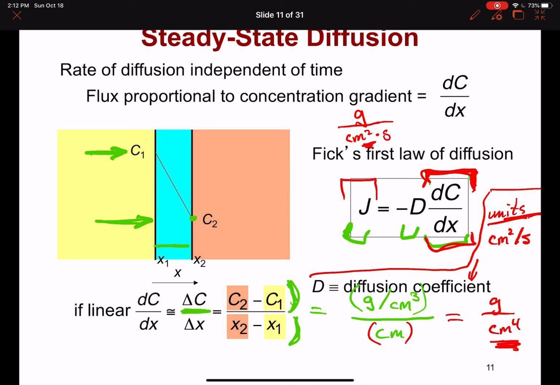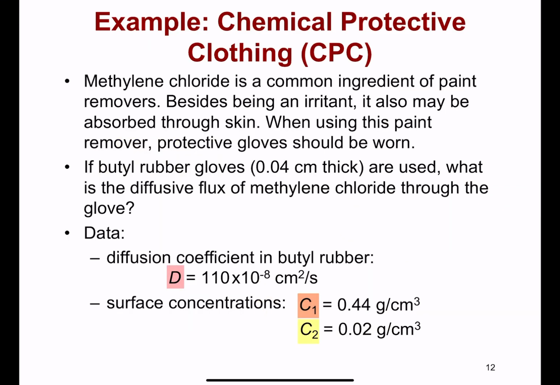Okay, so diffusion coefficients are typically area per time. And so that would allow us to obtain the flux in the proper mass per area per time from this equation. Okay, so maybe we'll learn that better by doing an example.